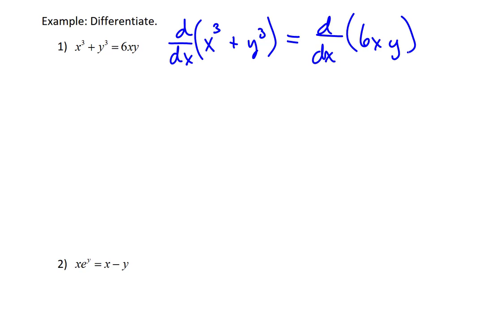Now, any particular term we take the derivative of that's already written explicitly is just going to use all of the derivative rules we already have. So on the left side, when we see d/dx of x cubed, that could be written as 3x squared, which is just using the power rule. That's an explicit function of x, so we simply use the power rule for that. But then we move on to the next term.